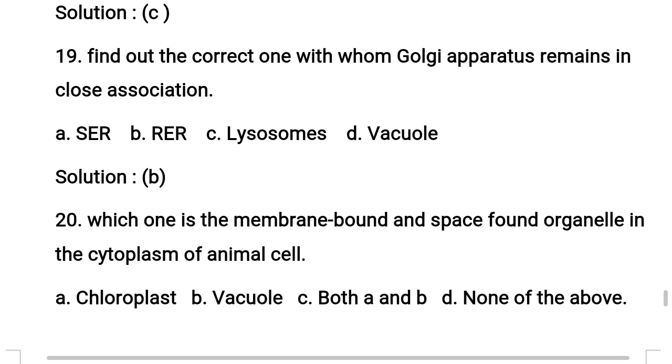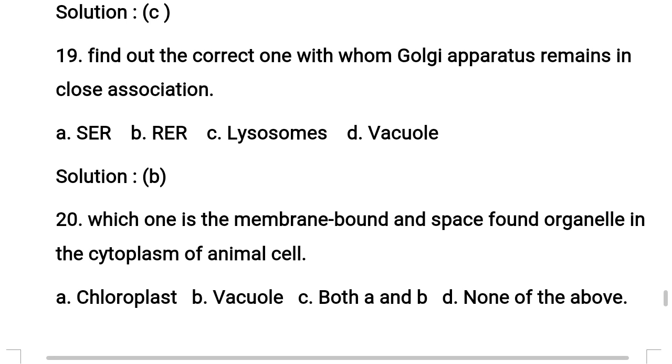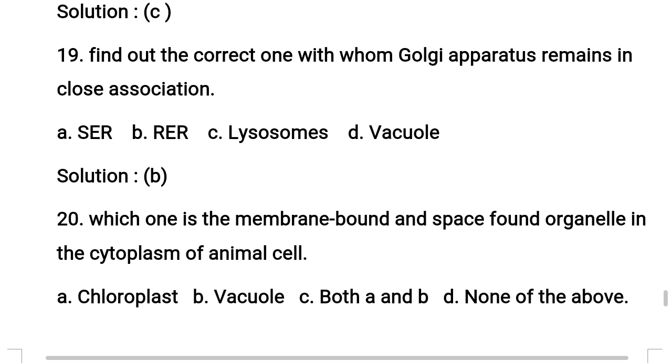A number of proteins synthesized by ribosomes on the endoplasmic reticulum are modified in the cisternae of the Golgi apparatus before they are released from the trans face. So the Golgi apparatus is also performing an important role, the formation of glycoproteins and glycolipids. So the correct answer for this question is option B, RER.